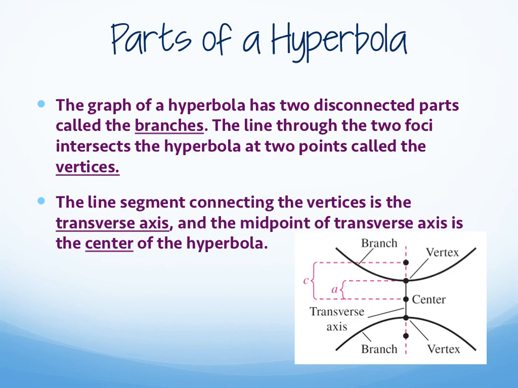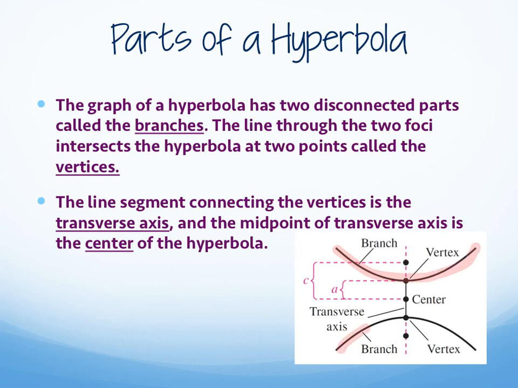Parts of a hyperbola. The graph of the hyperbola has two distinct parts called branches, so the actual curves are branches. The line through the two foci intersects the hyperbola at 2 points called vertices. And the line segment connecting the vertices is the transverse axis. The midpoint of the transverse axis is the center of the hyperbola. So some parts to your hyperbola.